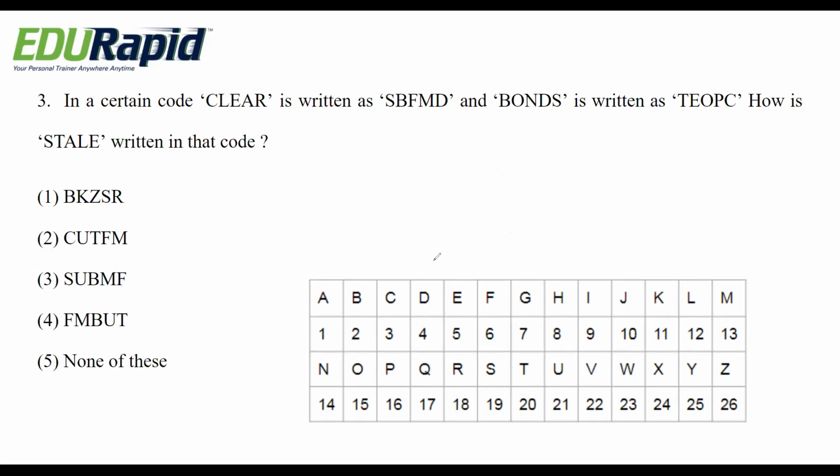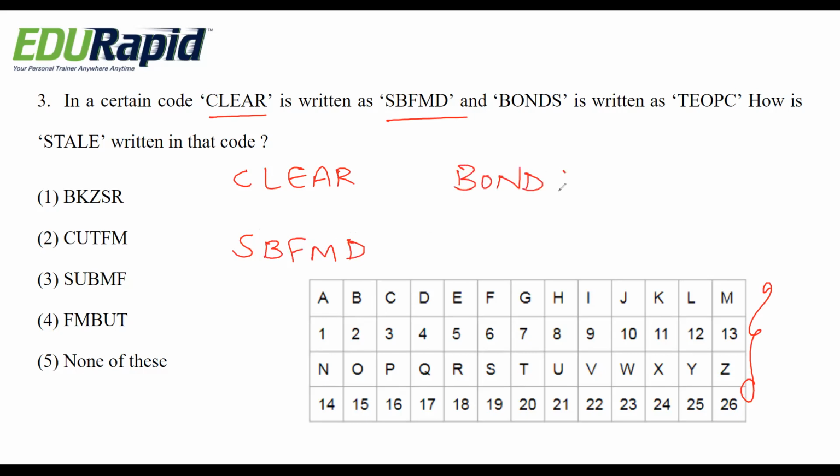As I told earlier, for this type of problem, you have to write down and, based on the table, check what pattern it is following. For CLEAR, it is written as SBFMD, and for BONDS, it is written as TEOPC, and similarly, STALE is written as what?